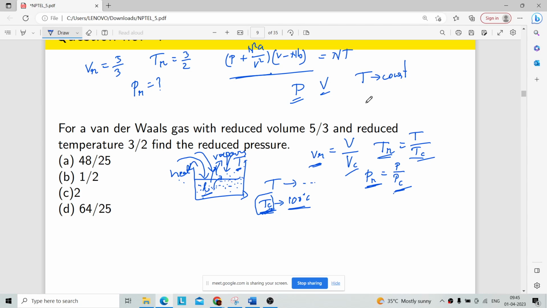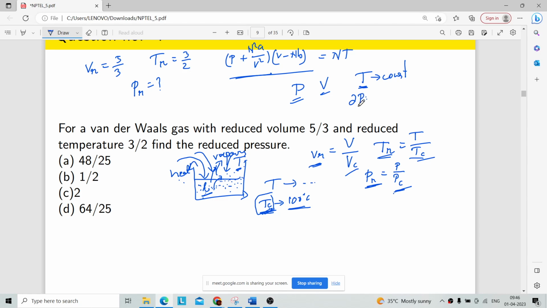Then from the saddle point method, we know they will hit a maxima if we keep on changing pressure and volume, keeping the temperature constant.